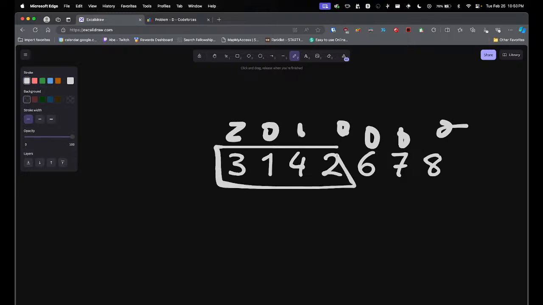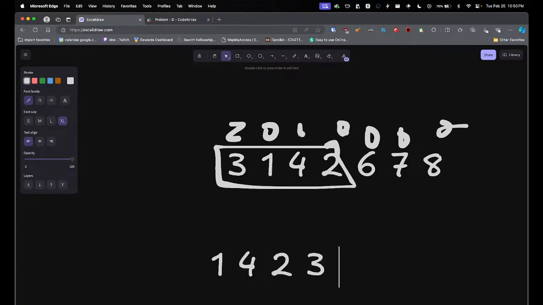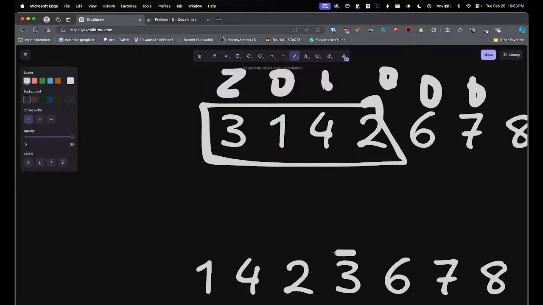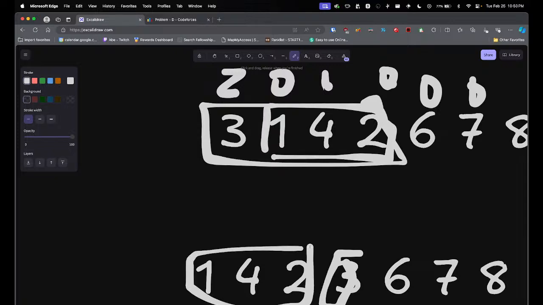Now if I want to cyclic shift, what will happen? 1, 4, 2, 3, 6, 7, 8. If you see, for this 3, the ahead included the things inside my subarray, right?